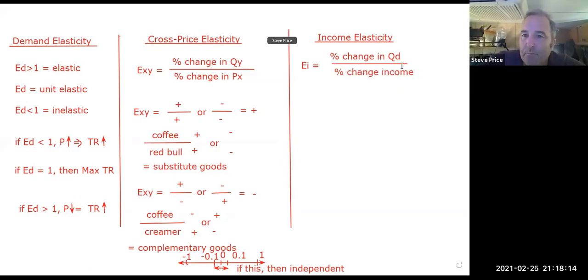And so the response to income is going to give us a different sign for this coefficient. And so let's do something similar here. If E sub I is one of two things. So again, let's make two of these, what I'm going to call dividing lines.